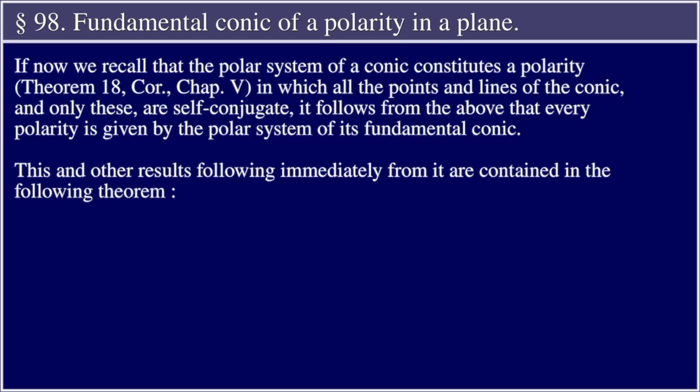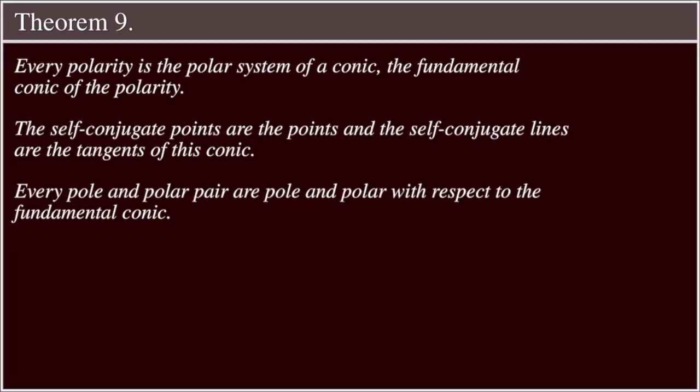This and other results following immediately from it are contained in the following theorem. Theorem 9. Every polarity is the polar system of a conic, the fundamental conic of the polarity. The self-conjugate points are the points, and the self-conjugate lines are the tangents of this conic.